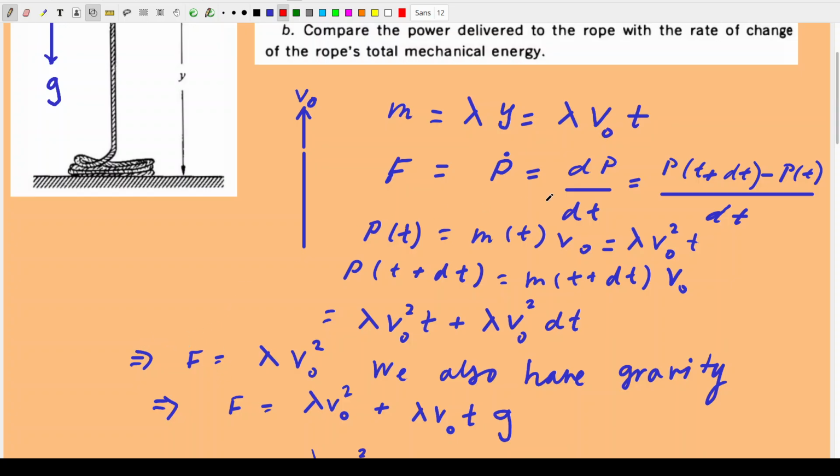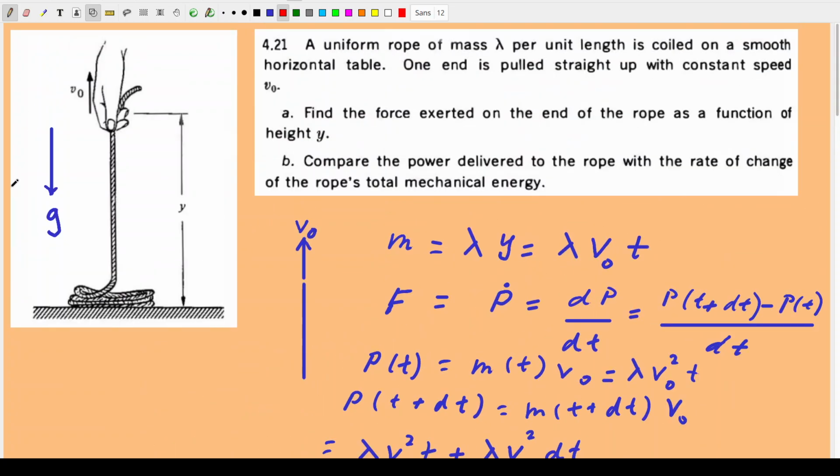So this is the real deal, how you actually should do things, not just taking formulas from the book like F equals ma. This is the very definition. Okay, in the picture we see there is also gravity, and we need to deal with that as well.